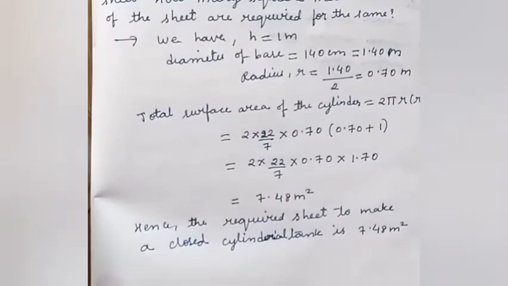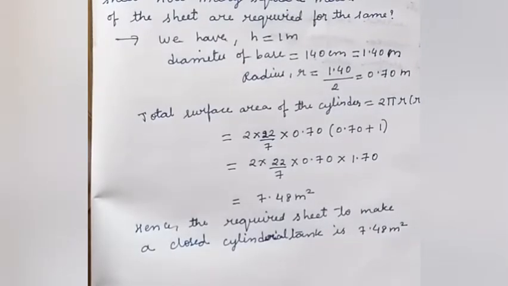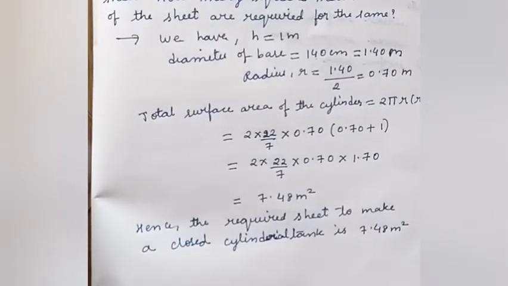So 7.48 meter square is required to make a closed cylindrical tank is the answer.